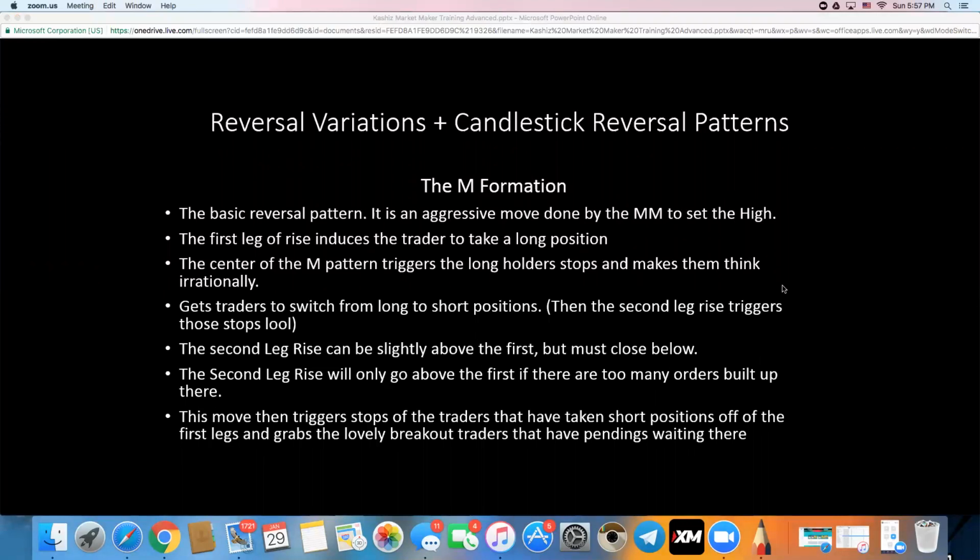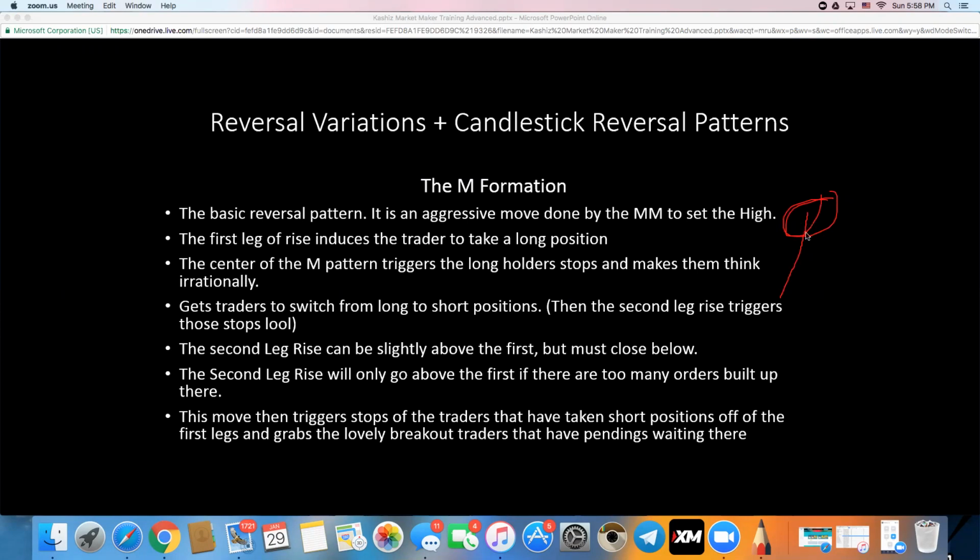What I mean is that this first leg of the rise induces you to buy. When we used to be technicals, hopefully we don't do this anymore, this made us think, man, I'm missing the move, let's get on it. The center of the M pattern triggers the long holders' stops and starts making them think irrationally.